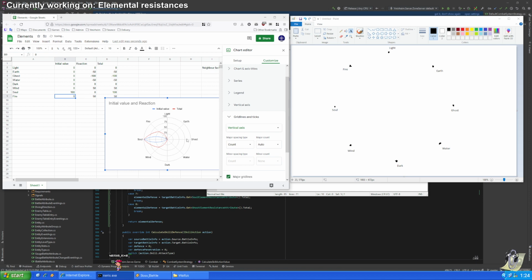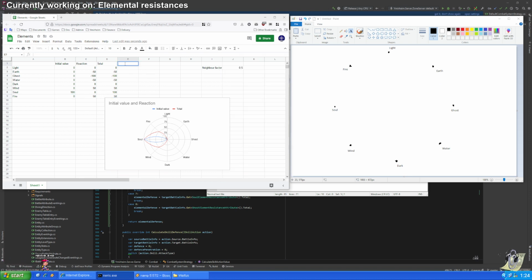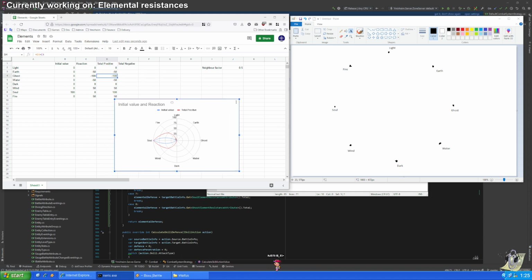But if I do this, then I don't have negative values. Let's do total positive, which is gonna be, oh my god, how do I do this?